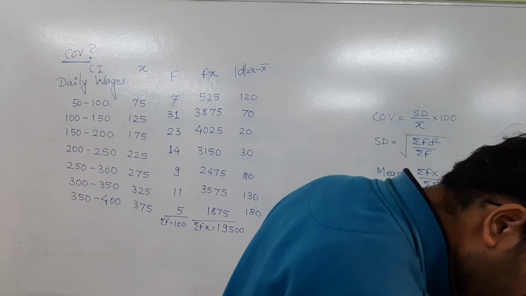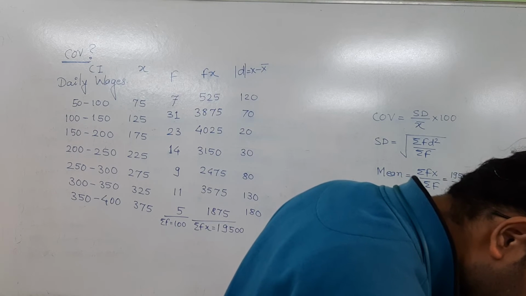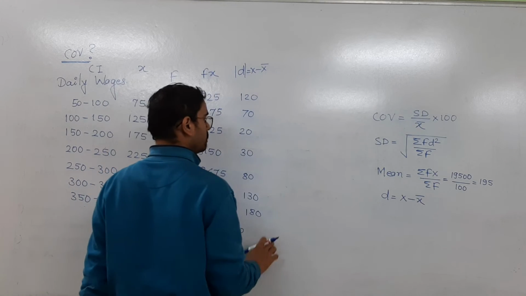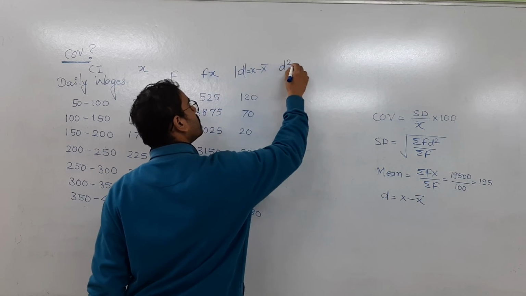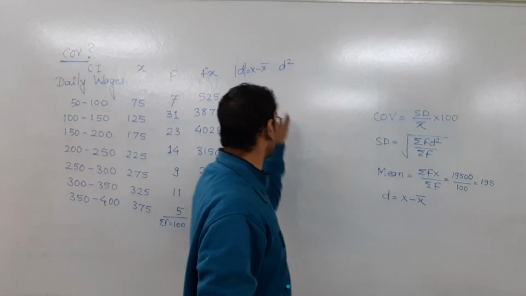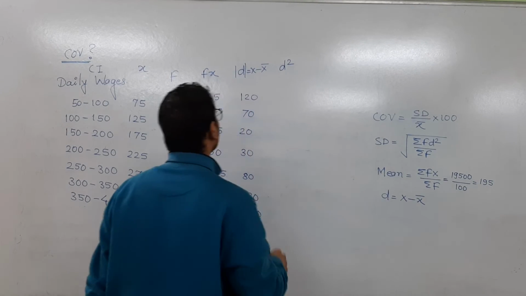Now we have to calculate D square. Simple. We take another column, D square, because what we want is F D square. So D square will be the next column.